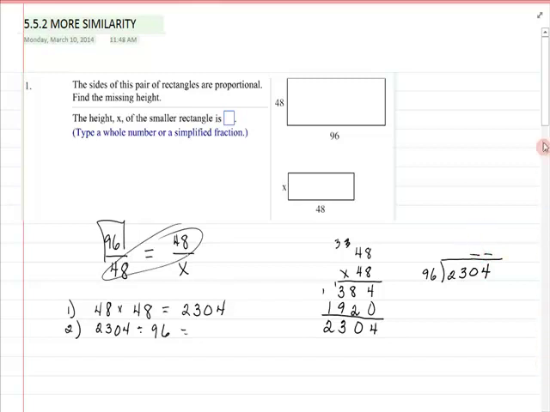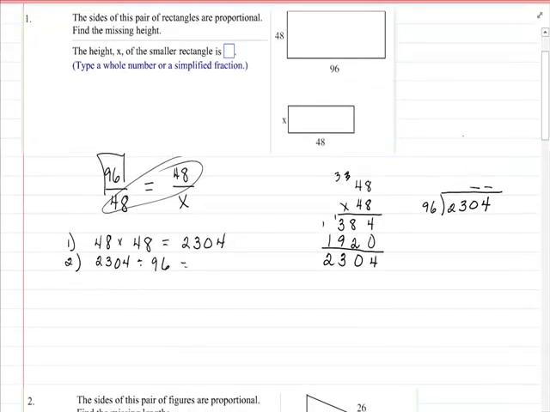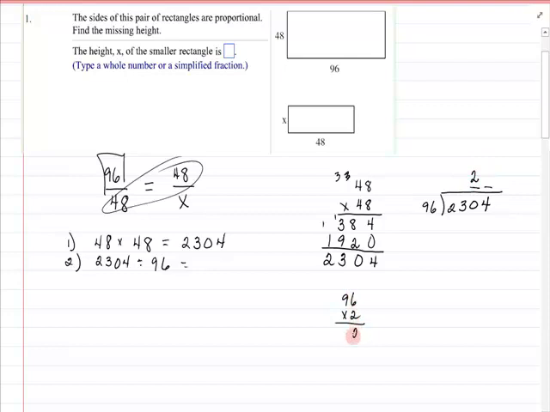I think there are probably just 2 of those in there. So I will take 96 times 2. 2 times 6 is 12. Carry the 1. 2 times 9 is 18, and 1 more is 19. So that's 192.